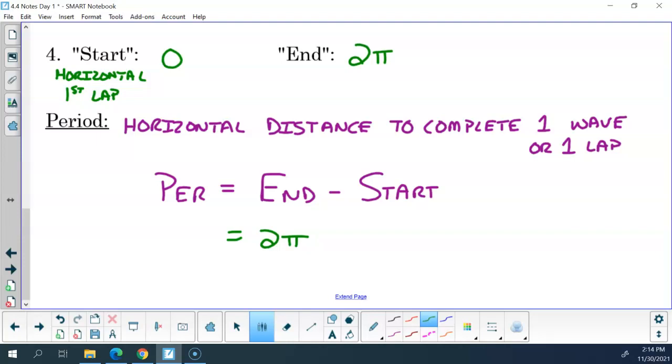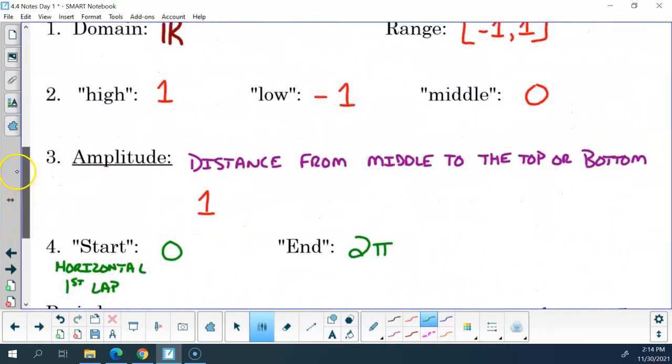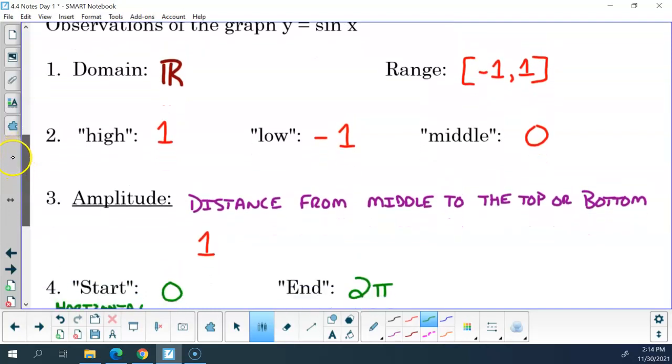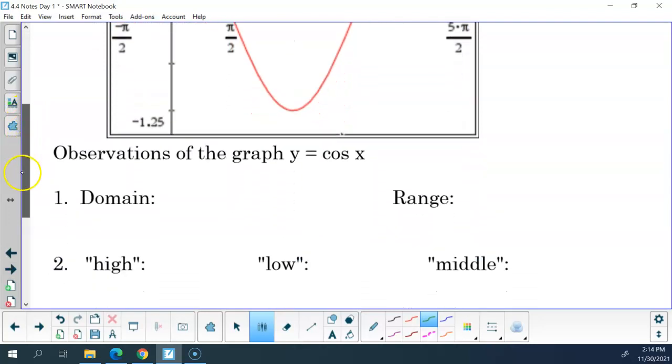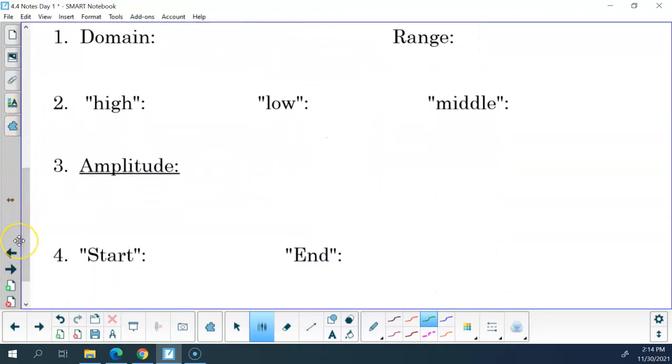I think that's 9. Is that 9? 3, 7, 9. Yep. So find me now the same 9 observations, but flip your page over and give it to me on the cosine side. Inclusive? We'll work our way up.